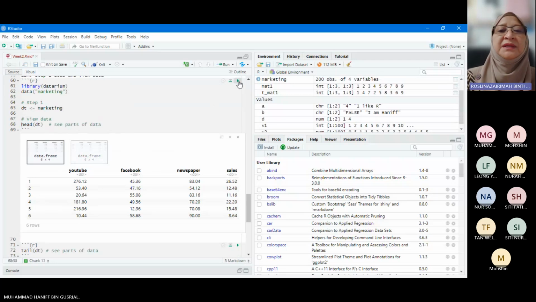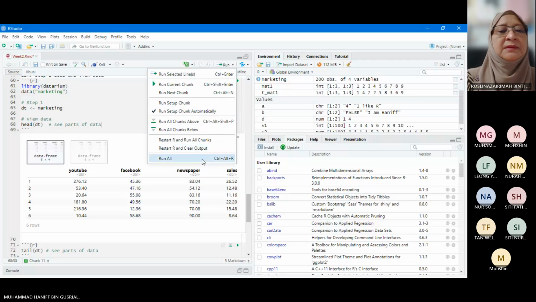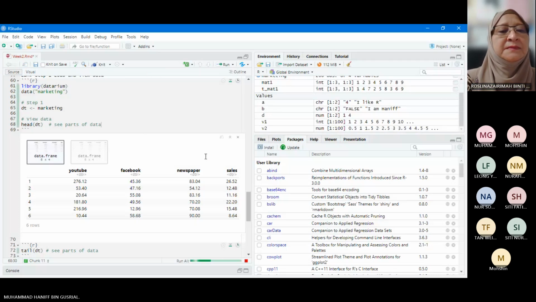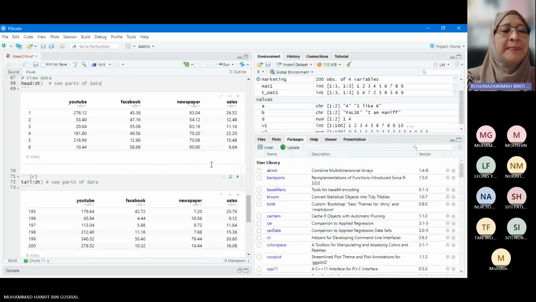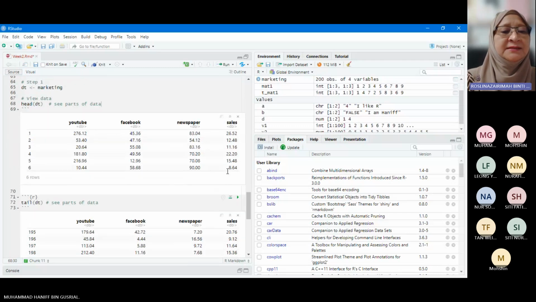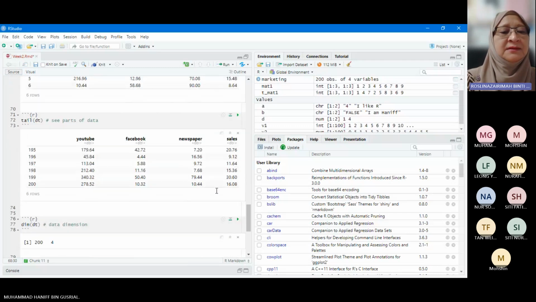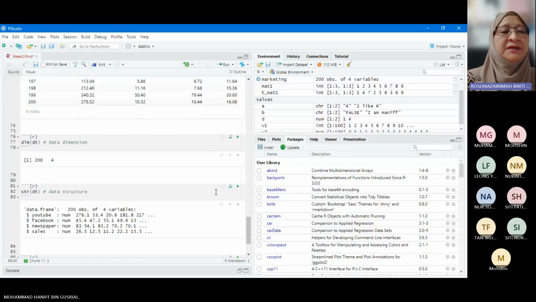Okay, good. You had the head, the first 6, and the tail, the last 6. Then dimension, 200 by 4. That means 200 rows times 4 columns. You have 200 observations for each variable. There are 4 variables.